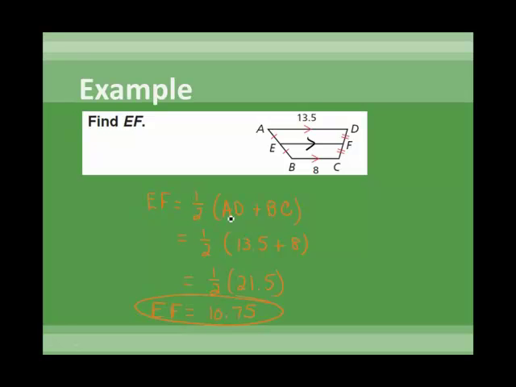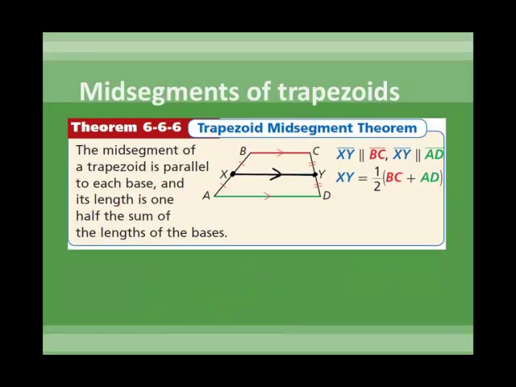So 1/2 of 13.5 plus 8, which is 1/2 of 21.5, and it is 10.75. Yes? That is a theorem, the trapezoid midsegment theorem.